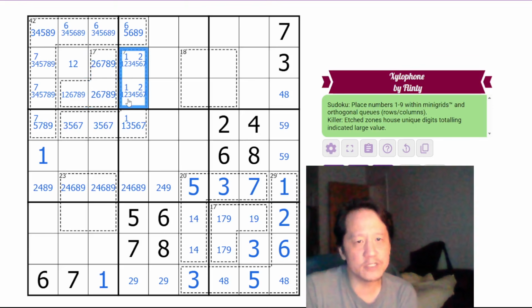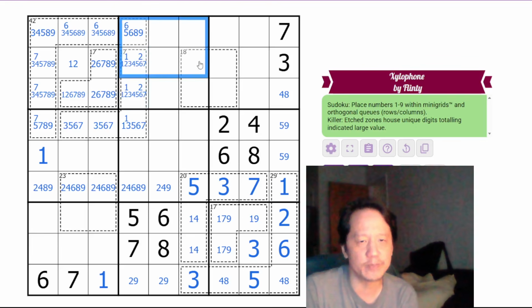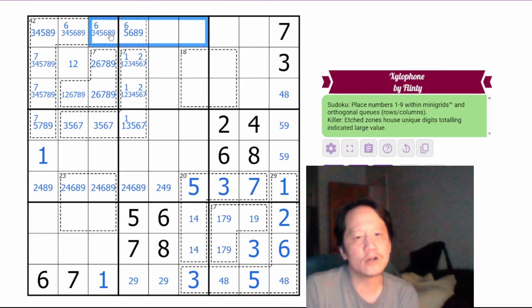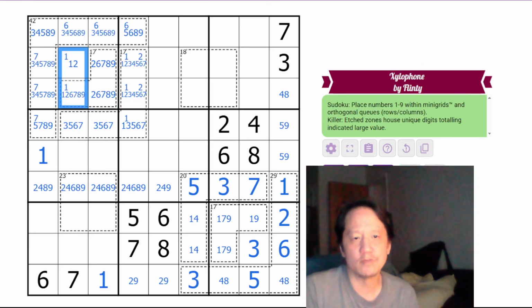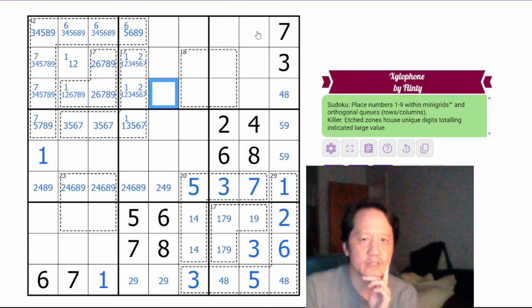So we are guaranteed 1 or 2 in rows 2 and 3 in this upper left-hand box, and also in rows 2 and 3 in this upper central box. Where is 2 then in row 1? It cannot be here because of the 2 guaranteed here, can't be here because of the 2 guaranteed here, also this being 1, that means 2 has to be in this upper right-hand box.